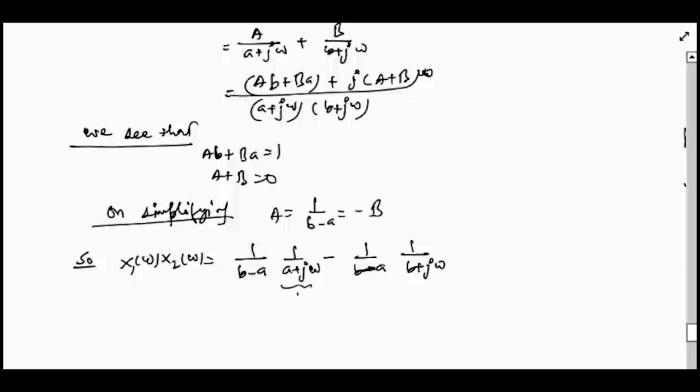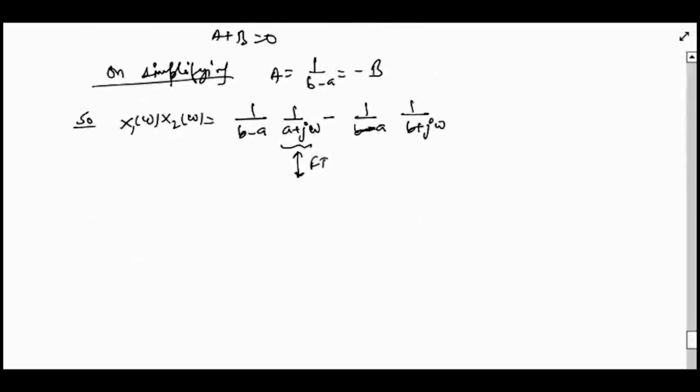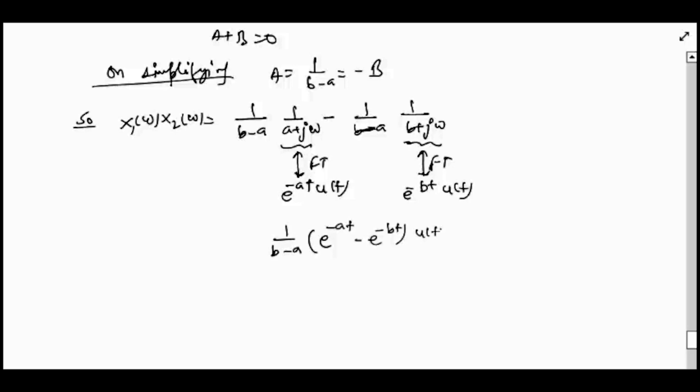We readily know that the inverse Fourier transform of this signal is e to the minus at ut, and for this function its inverse Fourier transform is e to the minus bt ut. This says that the inverse Fourier transform of X1(omega) X2(omega) is 1 over b minus a times (e to the minus at minus e to the minus bt) ut.